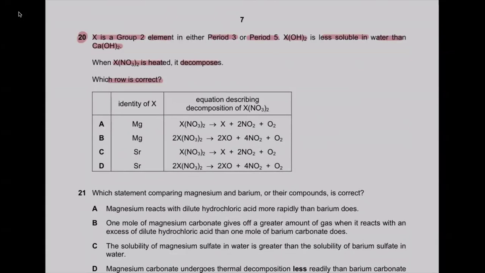If it is less soluble in water, then, since down the group the solubility of hydroxides increases, it must be magnesium hydroxide. So the identity of X would be magnesium. So C and D go wrong. When magnesium nitrate decomposes, we will get magnesium oxide, nitrogen dioxide, and oxygen. So A is wrong and B is the correct answer, right?